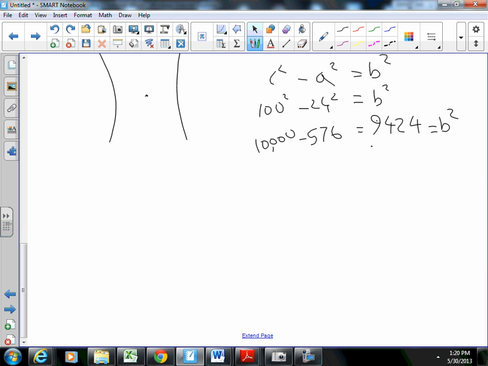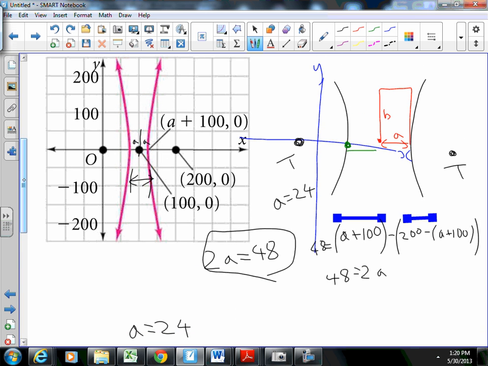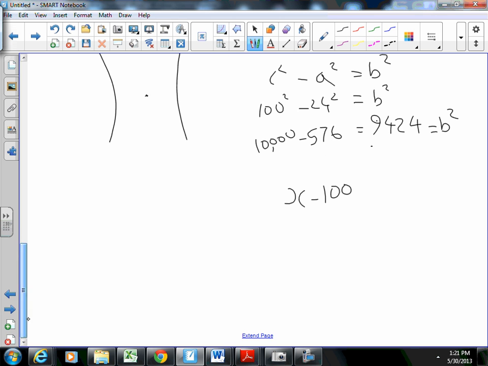Now, to write an equation, it would be x minus h, which we know is going to be 100, right? That's minus 100, simply because the distance here is 100. That's going to be our center. So it's x minus 100 over a squared, 24 squared.